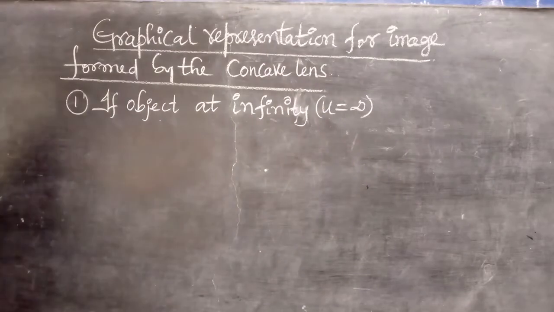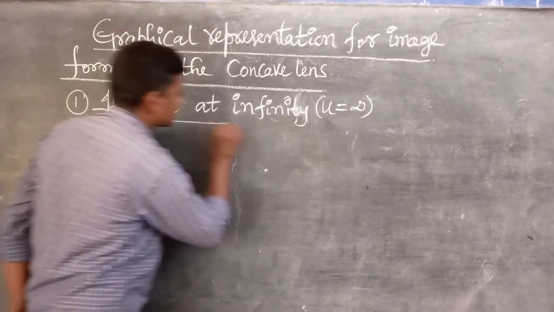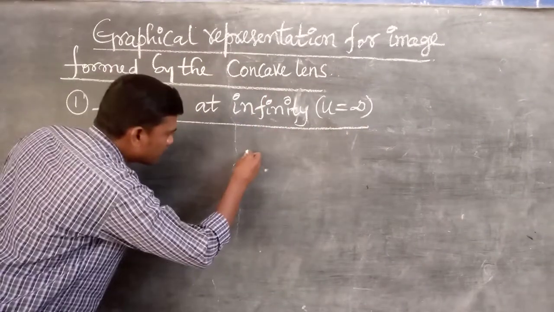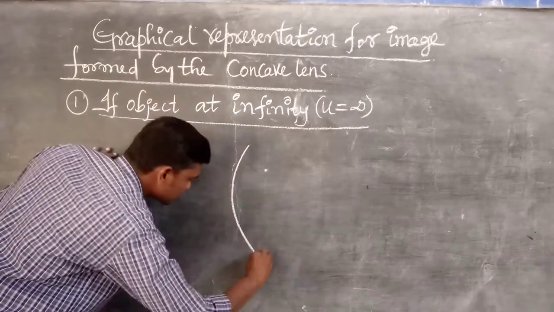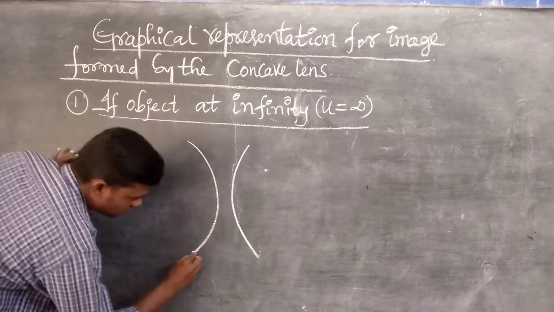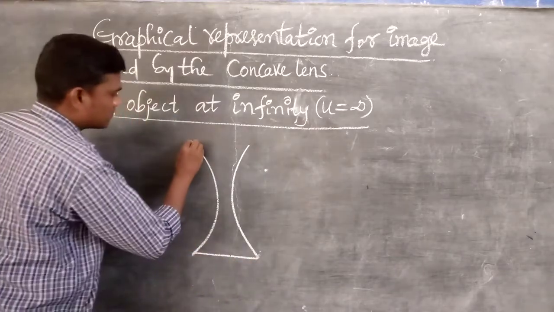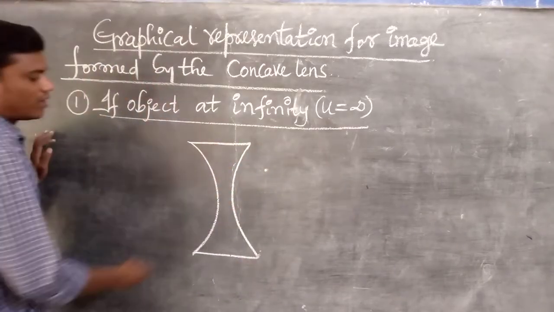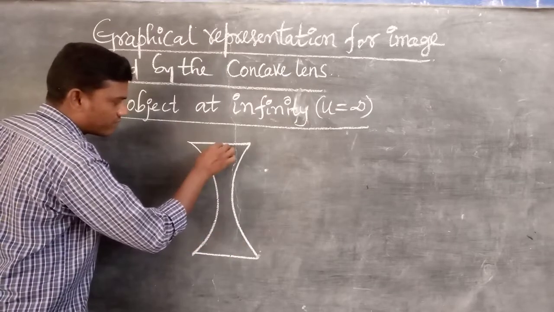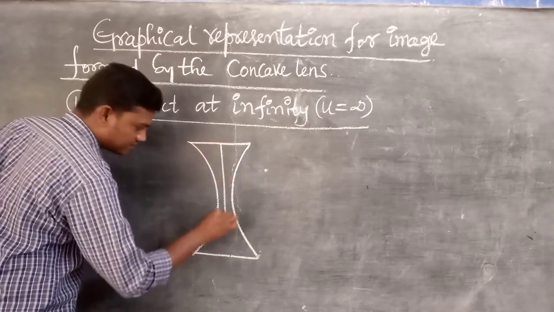So listen, if object is at infinity, concave lens means we know very clearly, like this one: the middle is thinner and the edges are thicker.